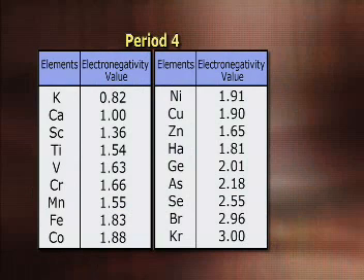Besides a couple of exceptions, each element has a higher electronegativity than the preceding one. Elements on the left side of the periodic table have a higher tendency to form positive ions due to their low electronegativity. The elements on the right side have a higher tendency to form negative ions.